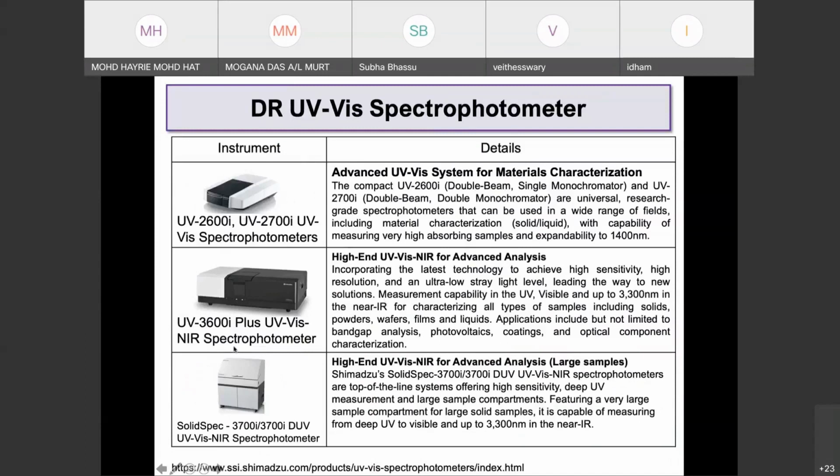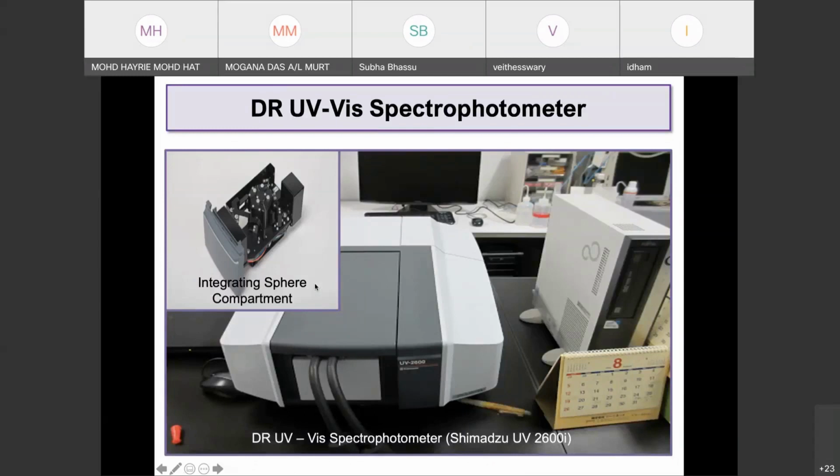If you want to measure up to the near infrared region, you can choose this instrument. Here is the sample of the UV-vis, the DRUV-vis spectrophotometer. This is the instrument. The integrating sphere compartment can be taken out and inserted, so you can replace it depending on whether you want to measure a solid or liquid sample.